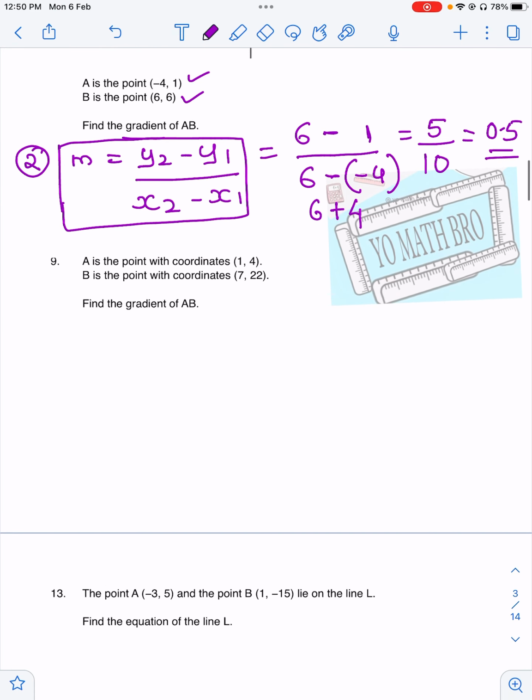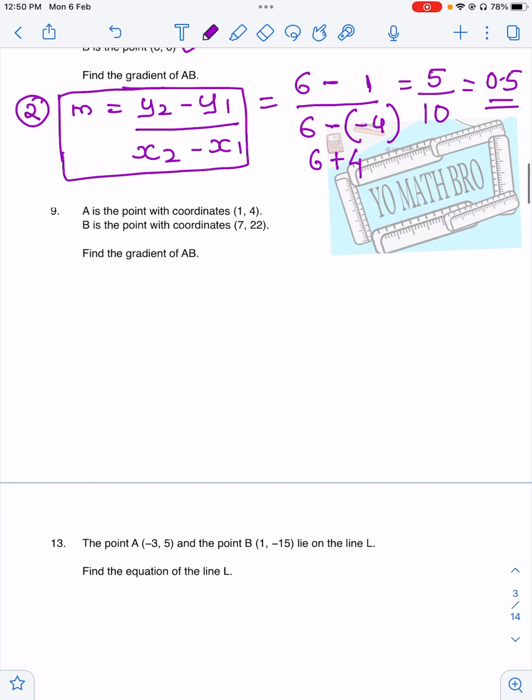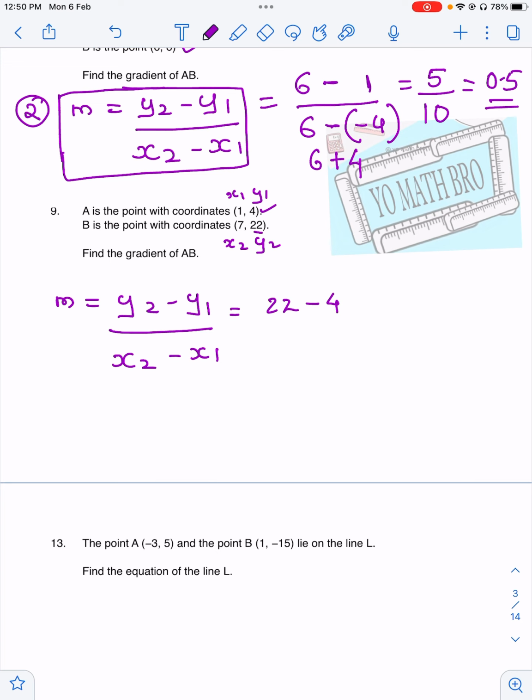One more question they have asked for gradient. My dear students, always start your answer with the formula. m is y2 minus y1 upon x2 minus x1. Here, this will become x1, y1 and this will become x2, y2. So I substitute. y2 is 22, minus y1 is 4, x2 is 7 and x1 is 1.